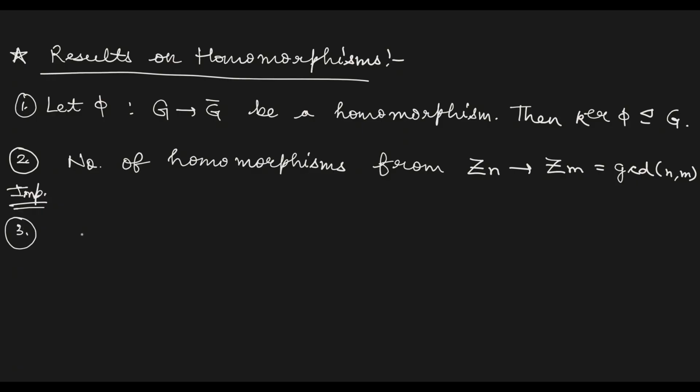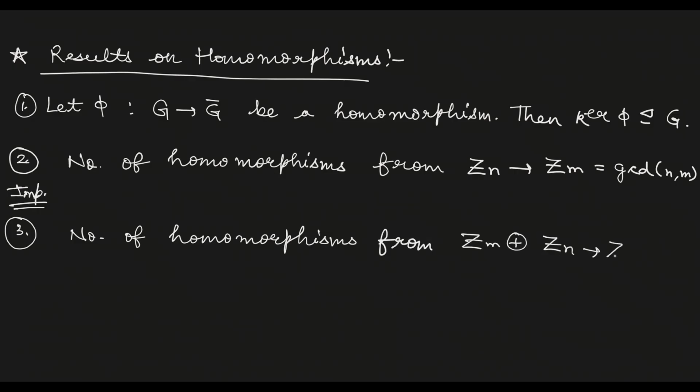Third, the number of homomorphisms from Zm direct sum Zn to Zl is GCD of m comma l into GCD of n comma l.